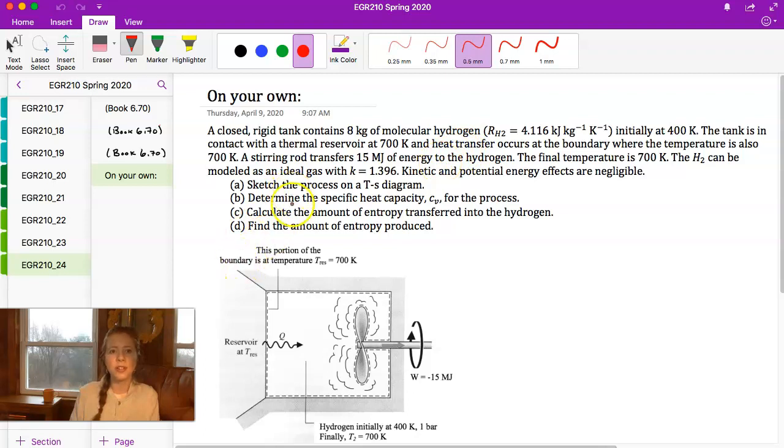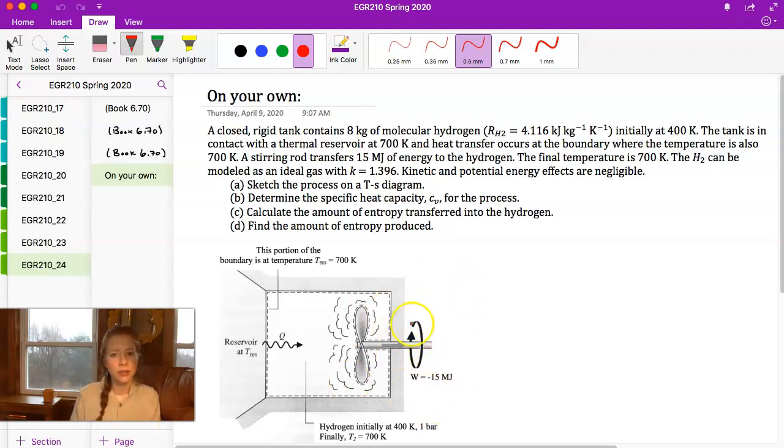So first, you're going to sketch the process on a TS diagram. Second, you're going to determine the specific heat capacity for the process. Third, you're going to calculate the amount of entropy transferred into the hydrogen. And finally, you're going to find the amount of entropy produced, based on this image here, where you have work is minus 15 megajoules. So think about the direction of that work.